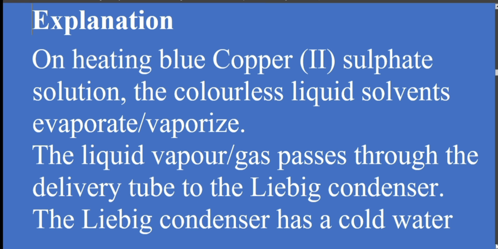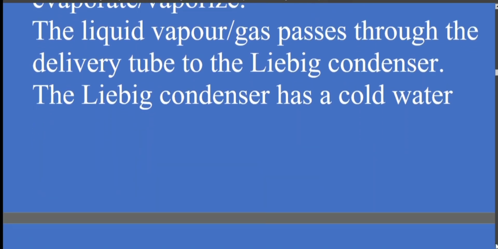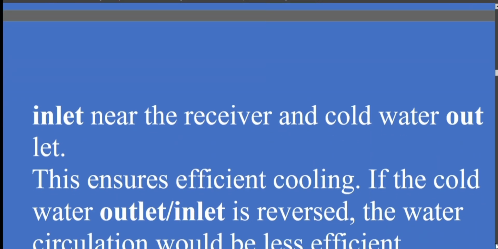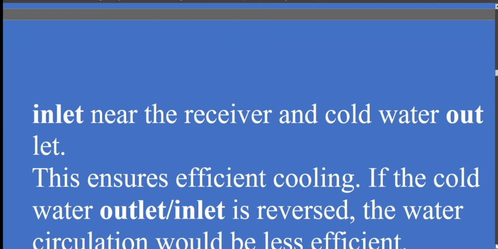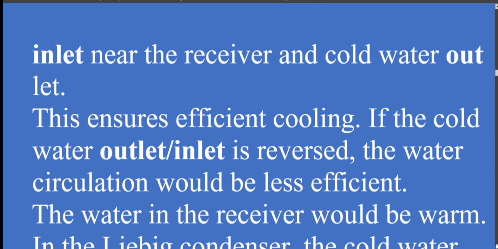The vapor or gas passes through the delivery tube to the Liebig condenser. The Liebig condenser has a cold water inlet near the receiver and a cold water outlet. This ensures efficient cooling. If the cold water outlet and inlet are reversed, the water circulation will be less efficient.